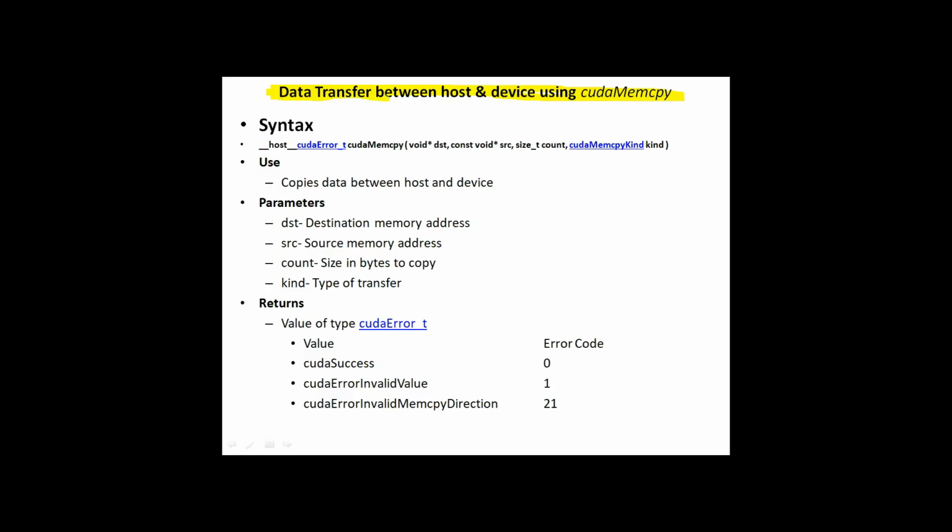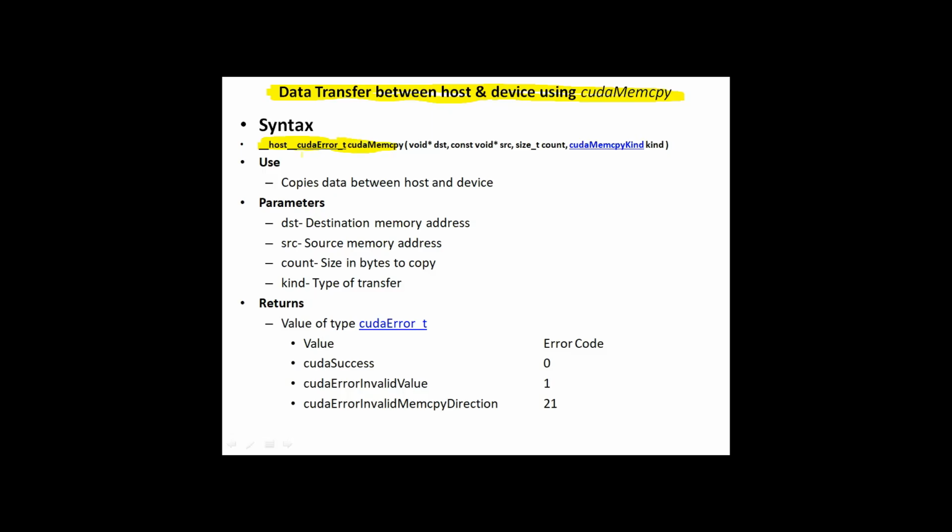It can be used for both types of transfer, that is H to D as well as D to H. The syntax is this one: __host__. It means this function can be written only in the host code. This function cannot be used in the device code, right?